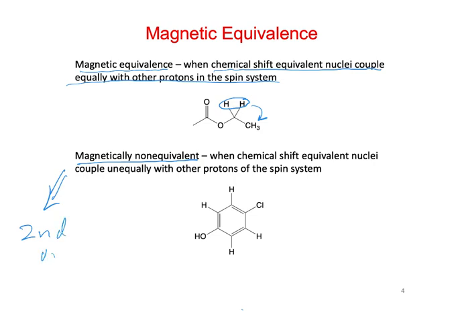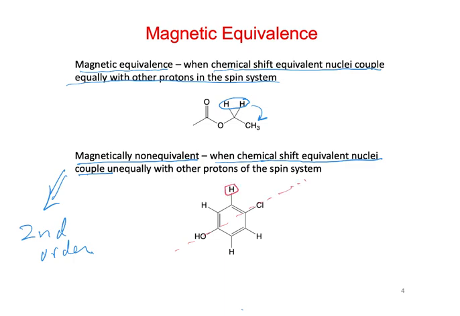Magnetic non-equivalence causes second-order effects, and this happens when chemical shift equivalent nuclei couple unequally to other protons in the spin system. So, for example, if we look at this molecule here, what we might notice is that there is a plane of symmetry through the molecule like this.